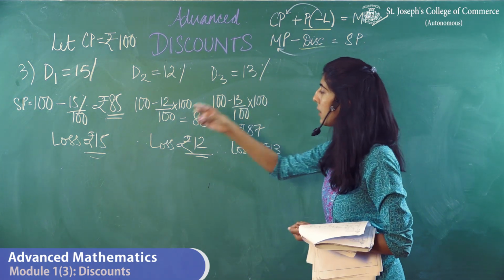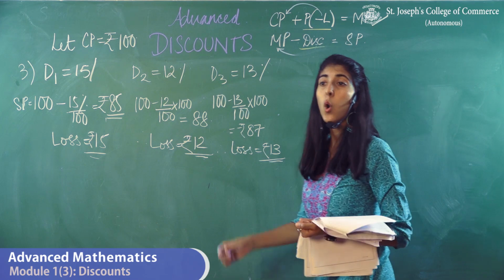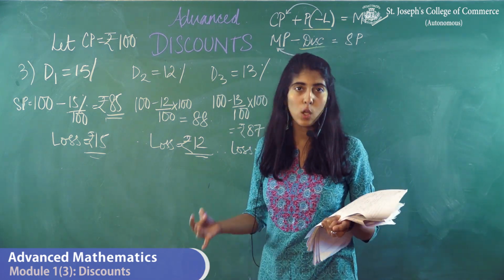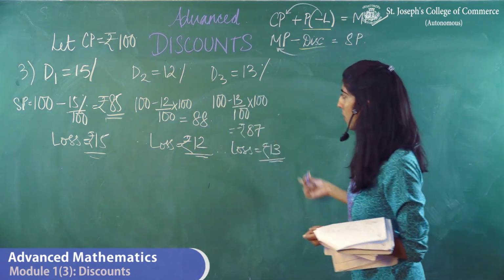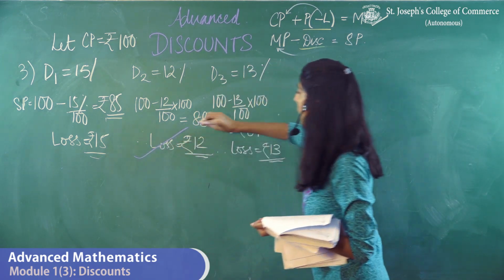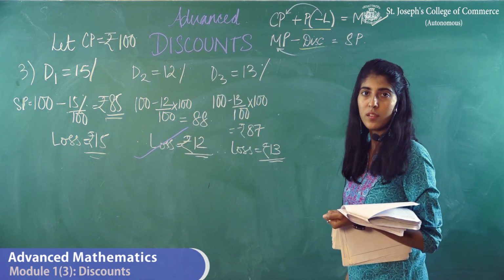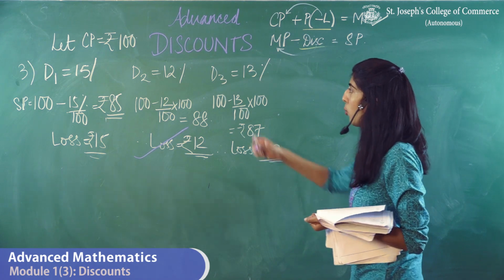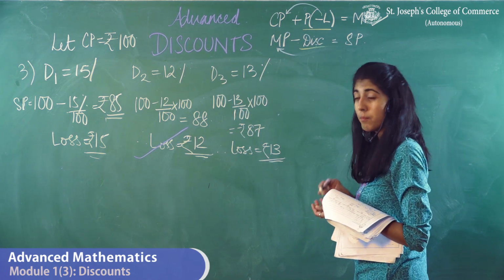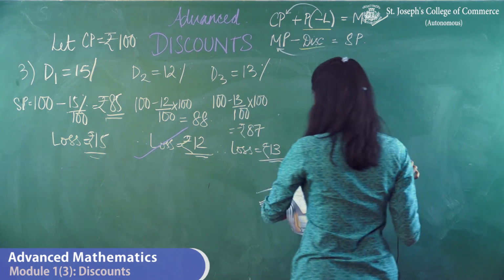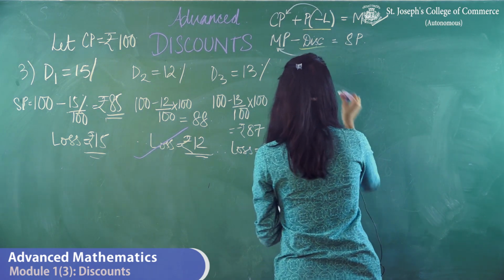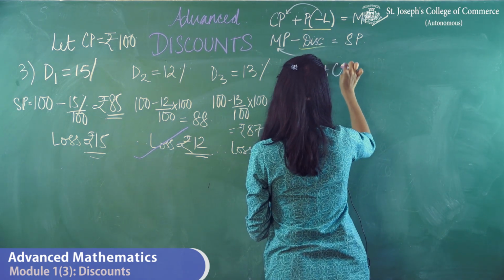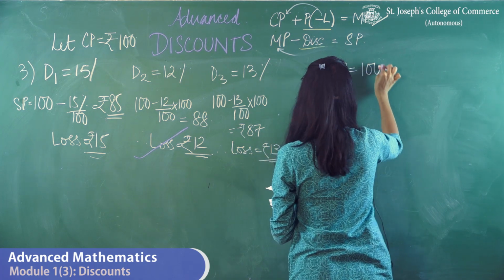Now, amongst all the losses, you need to obviously consider the least loss. So, out of the three alternatives, the loss of 12 rupees is the least loss that you incur. Therefore, you choose D2, 12% to be the discount rate. The next thing you do is you continue CP to be 100.